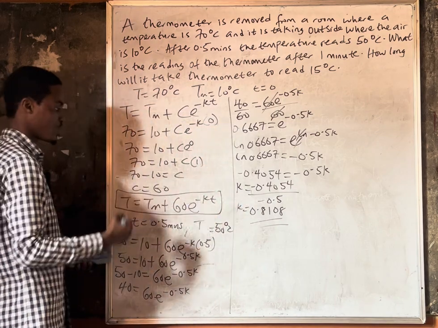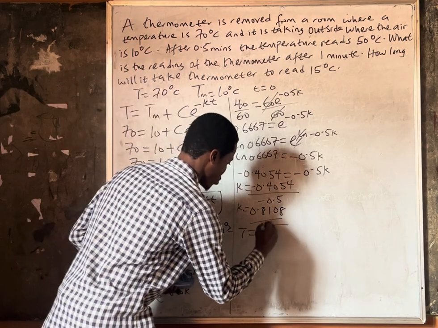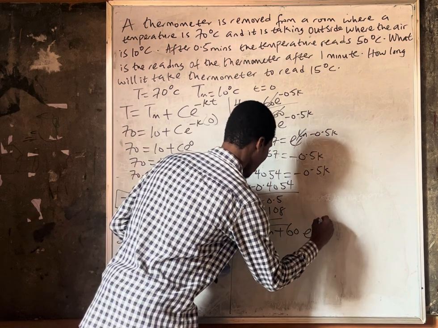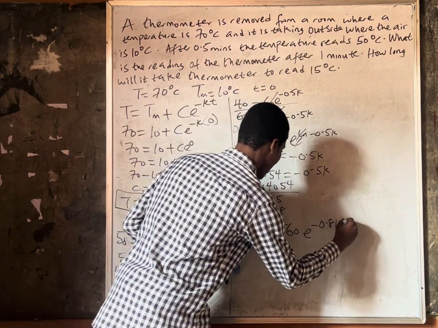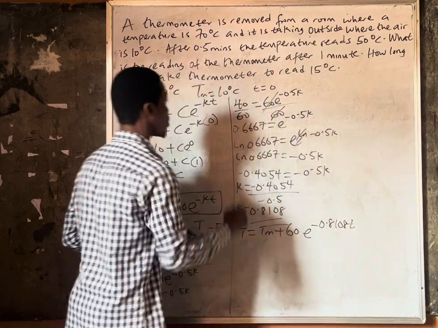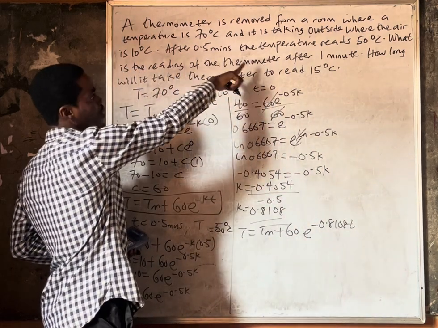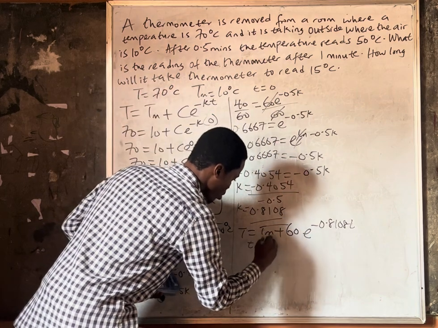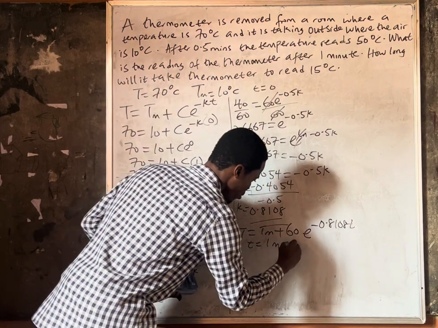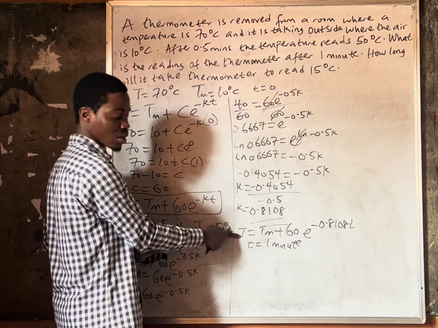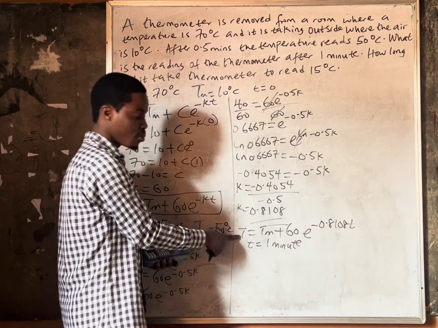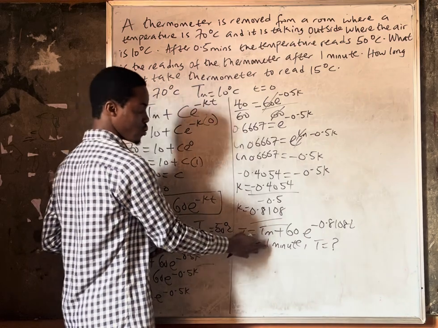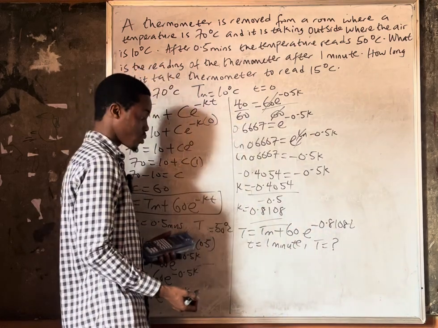We now have t is equal to tm plus 60 exponential minus 0.8108t. Our t is 1 minute. We have to find the temperature of the body. So we have to input this into this equation.